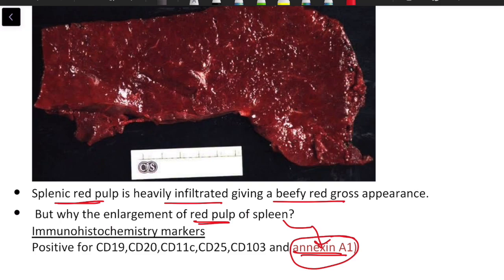So this marker is shown by the leukemic cells, and as they reach the splenic red pulp, in which there is a huge amount of macrophages, these macrophages start actively phagocytosing these leukemic cells. And since these leukemic cells are huge in number and increasingly proliferating, there is compensatory hypertrophy of this red pulp, and that is why it is very apparent, and this leads to the splenomegaly we see here.